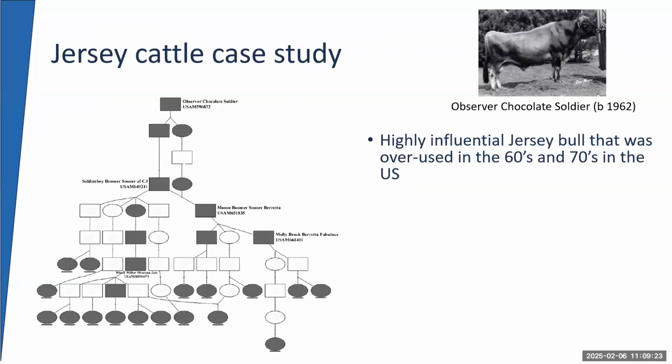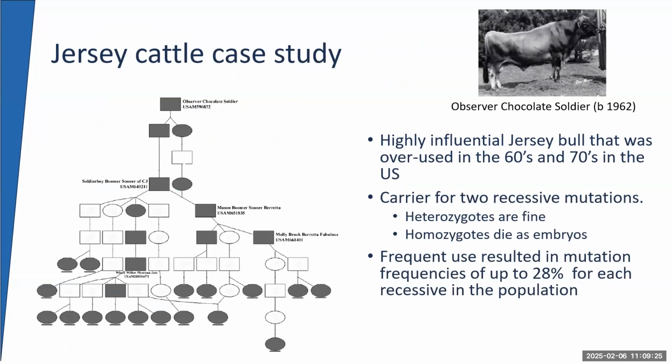Unfortunately, Observer Chocolate Soldier was a carrier for two recessive lethal alleles, in which case, if you are a heterozygous carrier, there's no phenotype, but homozygotes die as embryos.